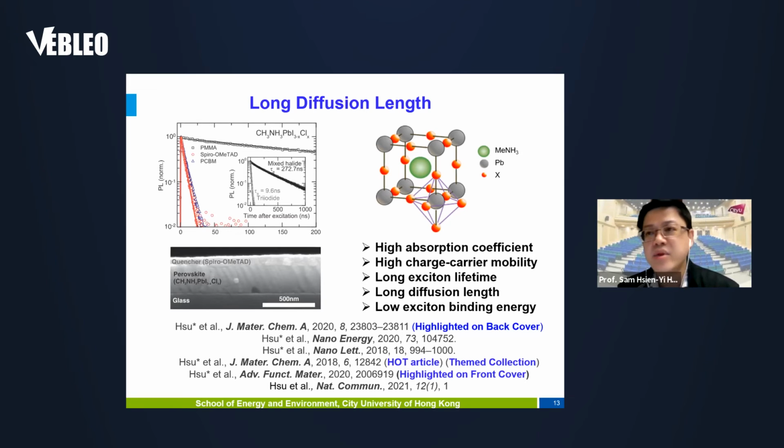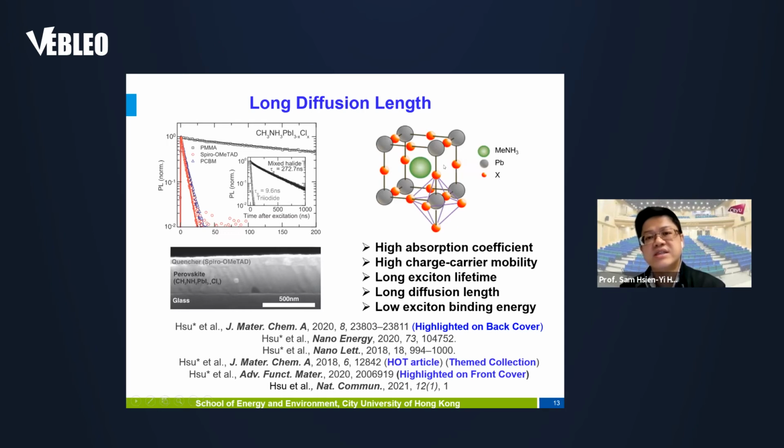Why does a hybrid perovskite show these outstanding optoelectronic properties? Because of its very special crystal structure. As you can see, this is an example of methylammonium lead iodide.